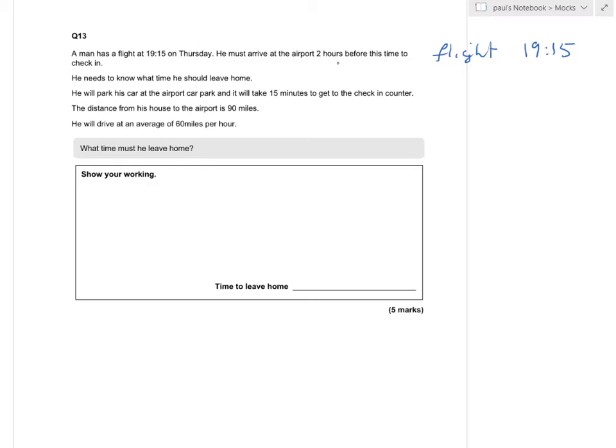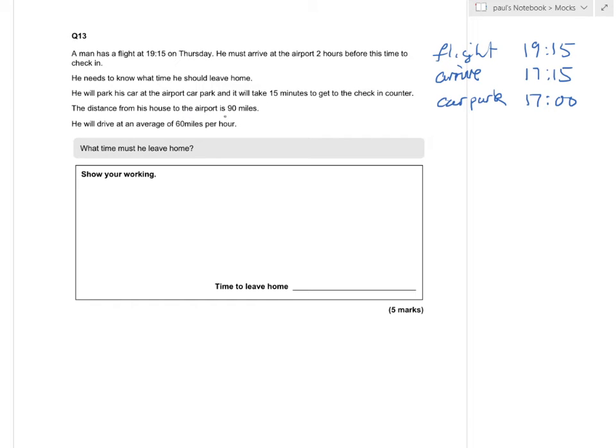He must arrive 2 hours before, so arrive at 17:15. He will park the car at the airport and it will take him 15 minutes. So take another 15 minutes off of that, which is 1700. That's what time he's got to arrive.